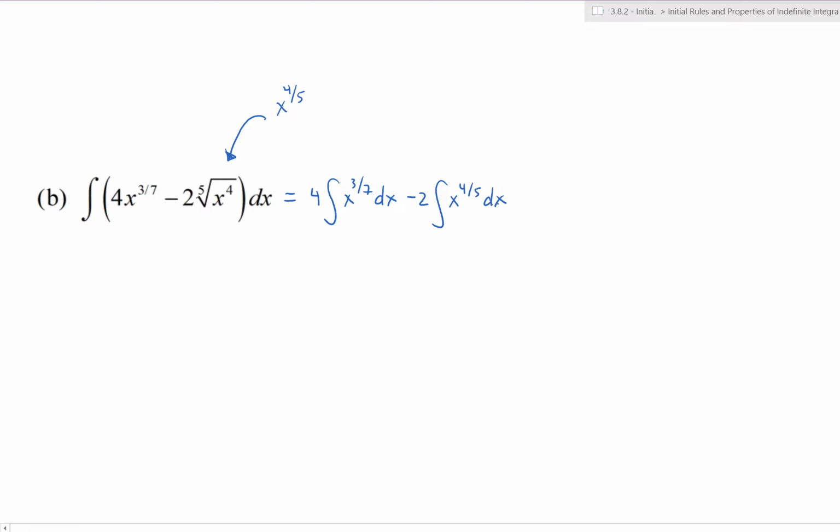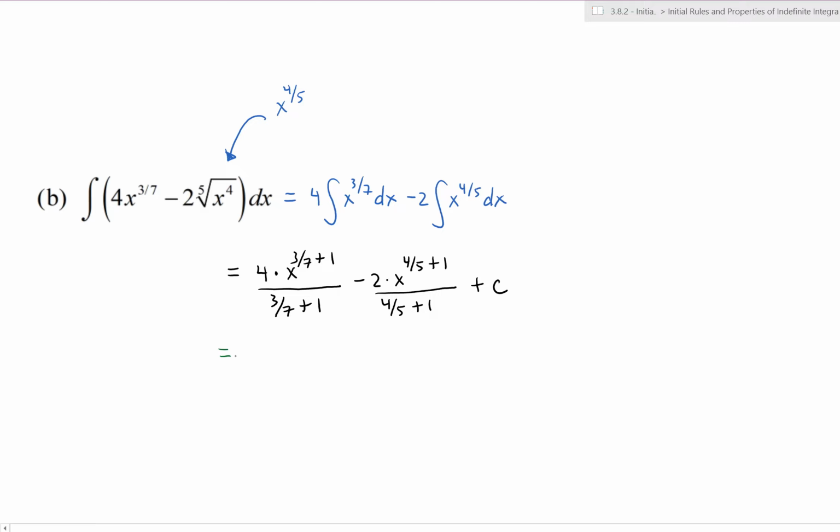We apply the general power rule, and we'll write this as a 4 times an x to the 3/7 plus a 1, all divided by 3/7 plus a 1, minus a 2 times an x to the 4/5 plus a 1 power, all divided by 4/5 plus 1, and then plus my constant of integration.